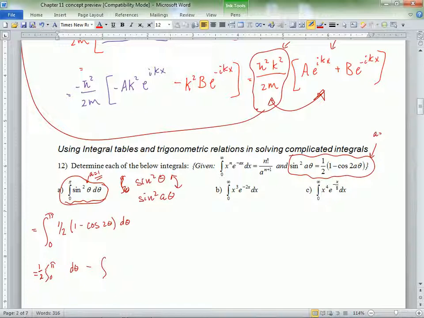Anything to do with theta. You can pull anything out of that integral as long as it's not theta. So that'll be a lot easier antiderivative to take. So let's pull that minus sign out too. So we'll have the integral from 0 to pi of cosine 2 theta d theta. Okay.